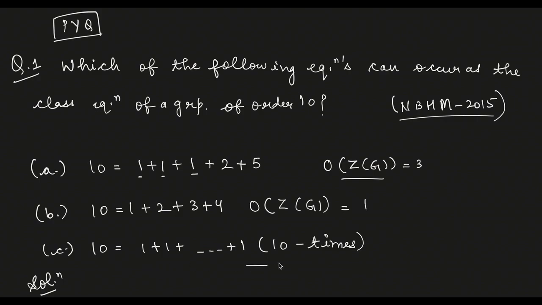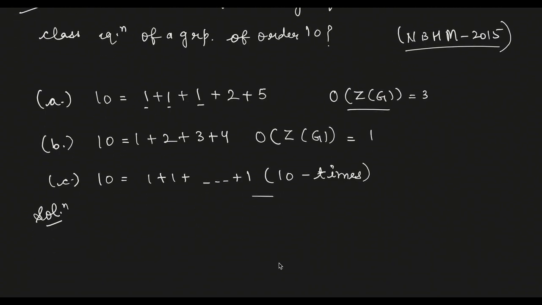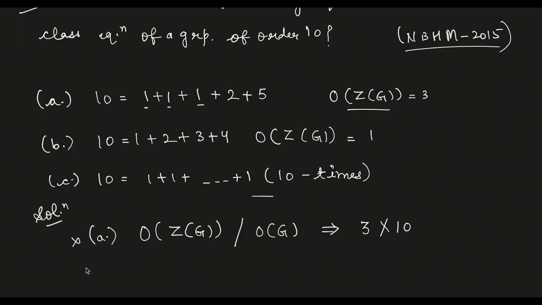Here it is 10 only. So first thing, the order of the center will divide the order of group G. In A part I can clearly see that the order of the center of G is 3, which does not divide 10. So option A is clearly discarded.